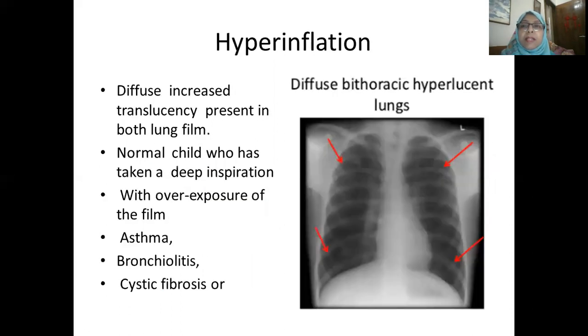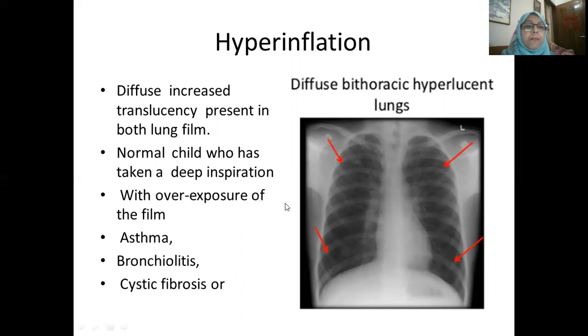And diffuse bilateral hyperlucent lung, hyperlucent and hyperinflation as well. Diffuse increased lucency is present in both lung fields. In a normal child who has taken a deep inspiration, the X-ray may be taken in this deep inspiration.